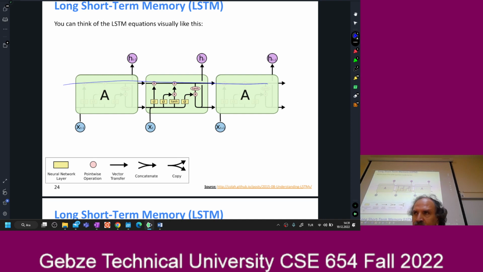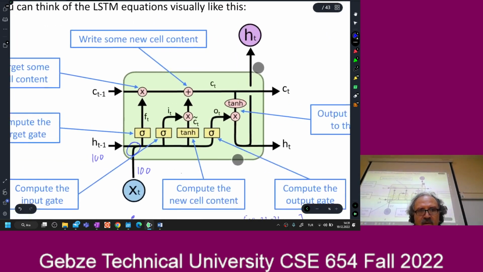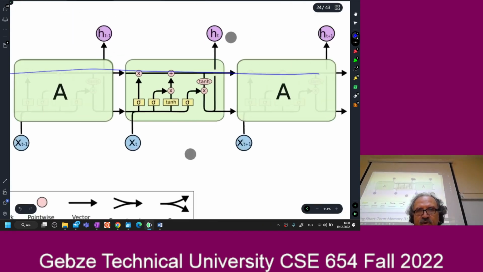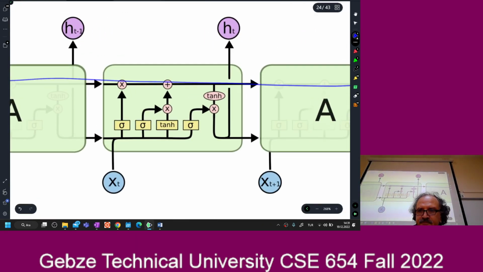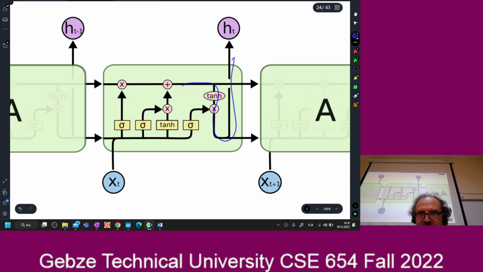So it also doesn't use this value on any network calculation or output calculation. What value? This value on the blue line. See this one? This one goes like this. Right?